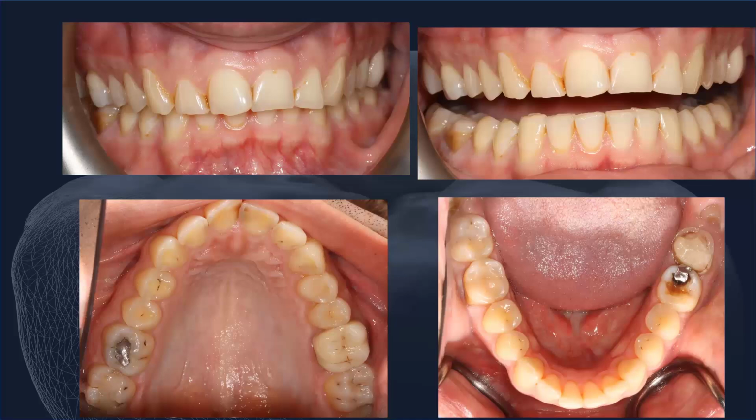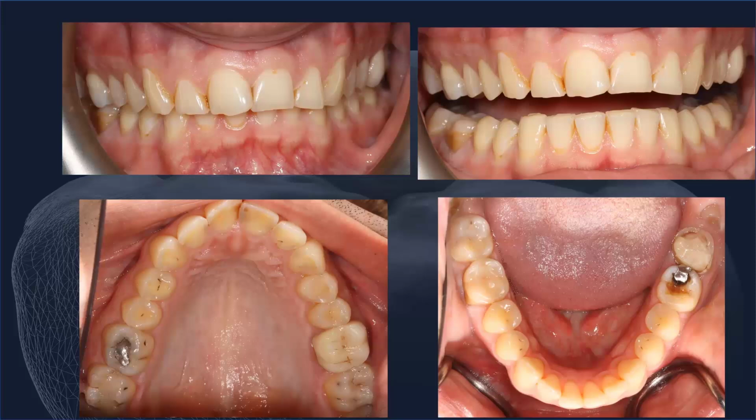Now, this case, treatment plan wise, would be a little bit tricky because you don't want to add too much to the teeth. And as we know, we want to add around 2 millimeters of bulk of the composite to be present. Now, if you are doing indirect veneers, then yes, you'll have to do prep in order to do veneers.